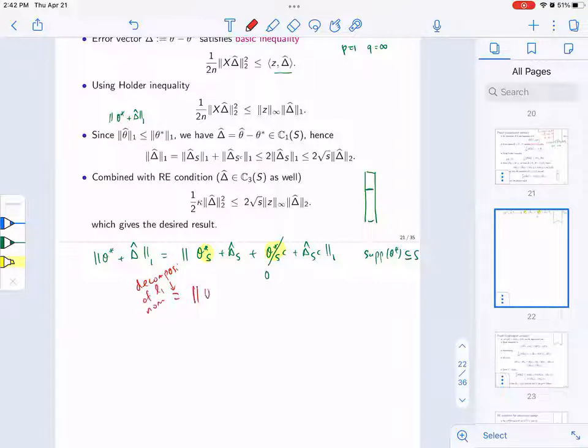So theta star S plus delta hat S, that's this part, comes out, and then we get the L1 norm of delta hat S complement. When I split into two pieces, the part in one index set and the part in the complement allow me to decompose like this.